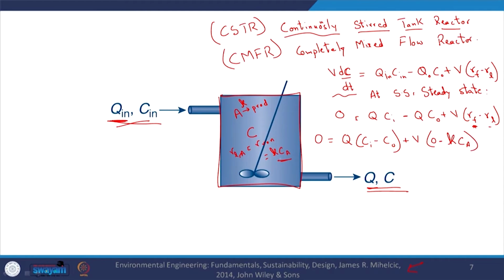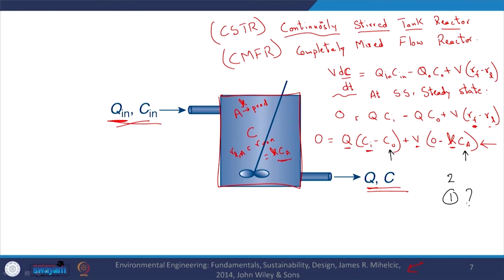Here I know the input, I know the flow volume of the system, and since I know the rate constant, I can get it. But the issue here is I have only one equation but two unknowns: the concentration going out of the system and the concentration of the compound within the system.